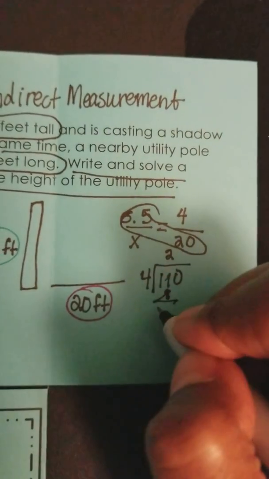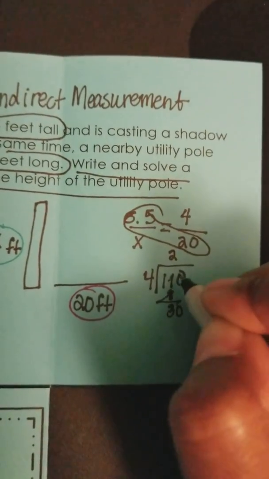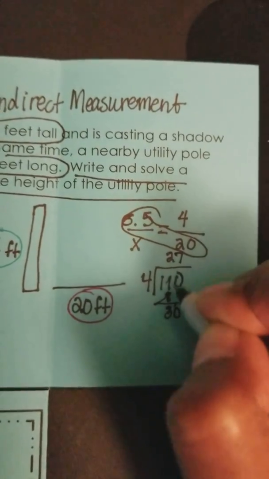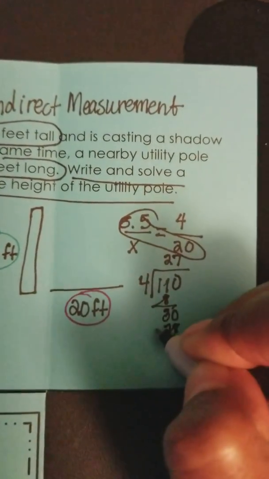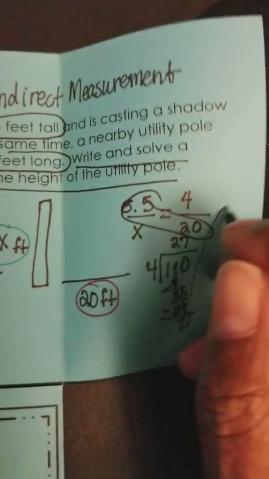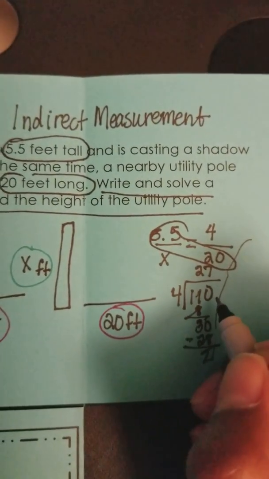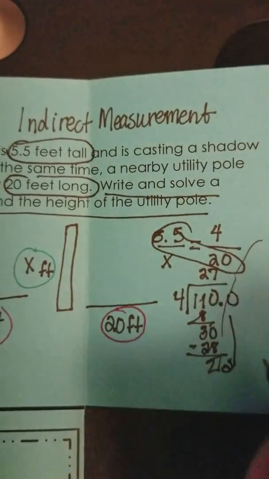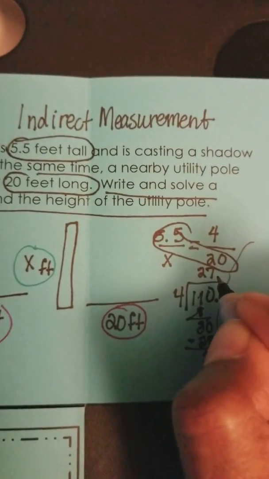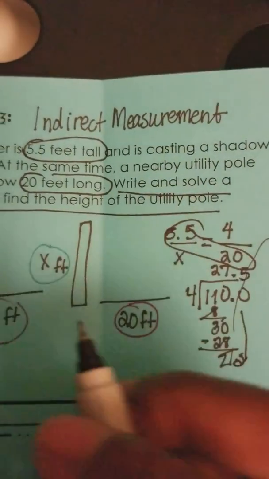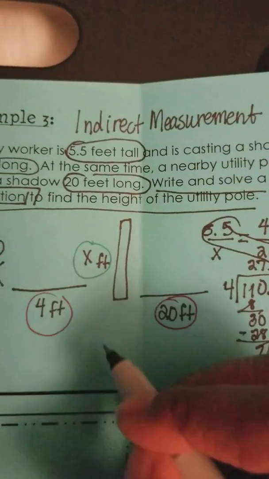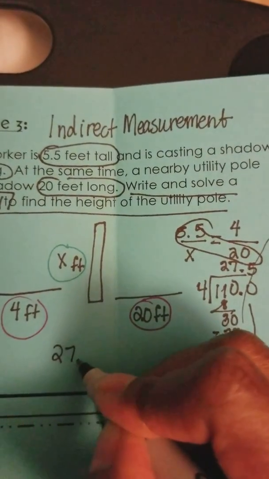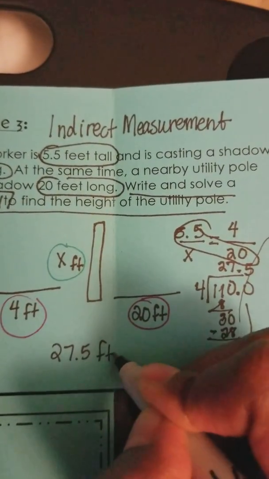That becomes an 8. 3. It goes into that 7 times. It's going to be 28. I'm going to subtract. I get 2. Oh, excuse me, I need to add my decimal there and a 0. Bring that down. So now 4 will go into 20 5 times. So the height of this utility pole is 27.5 feet tall.